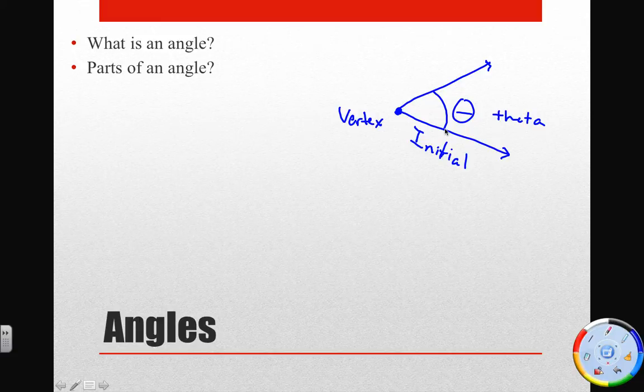And if I measure this angle from this side up to the other side, it's where I end. And another word for end is terminal. So we need to understand the ideas of initial sides and terminal sides of an angle. Initial is where we begin the measuring and terminal is where we end the measuring.